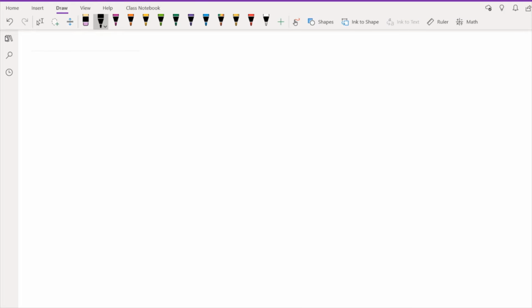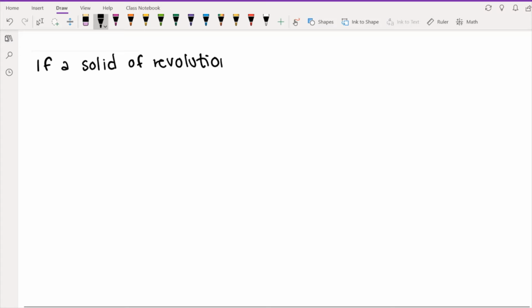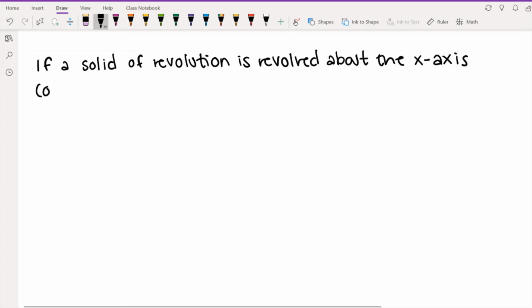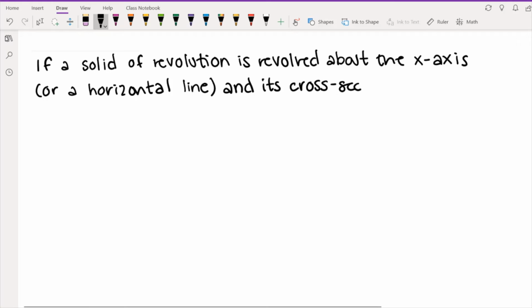So if a solid of revolution is revolved about the x-axis, or as we'll see, a horizontal line, and its cross sections are washers.